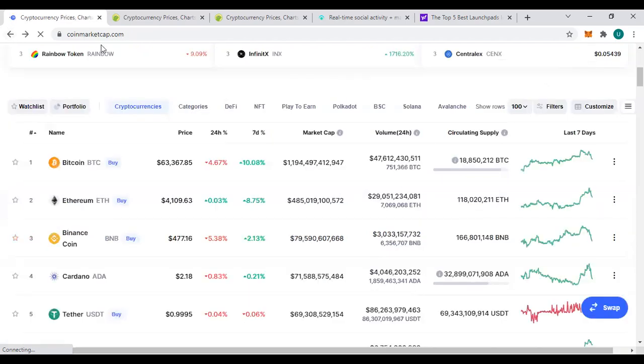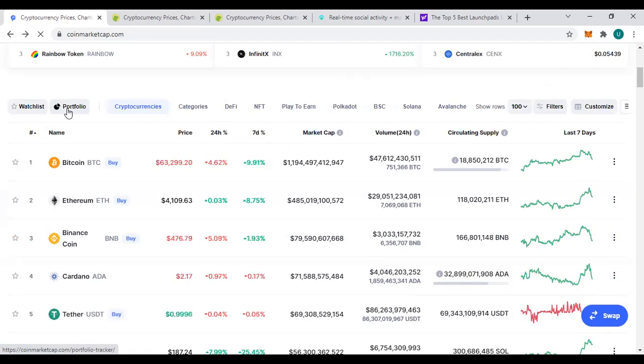Then here we also have portfolio. In case you have a certain amount of money in different wallets, and you'd like a place to keep track of them. The major limitation of the CoinMarketCap portfolio is that it does not connect directly to your wallet. You can only use it to know how much you have in total.